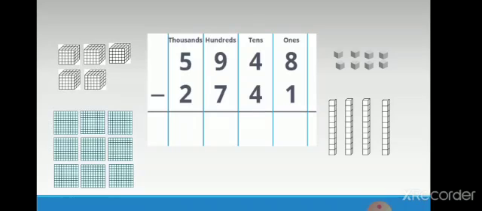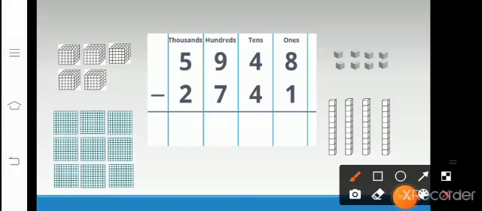So let's start. These are 8 ones, so you just subtract 1 one. It's 7 ones now. Then when you subtract 4 from 4, it means you cut all these 4 bars of tens, you will get 0.